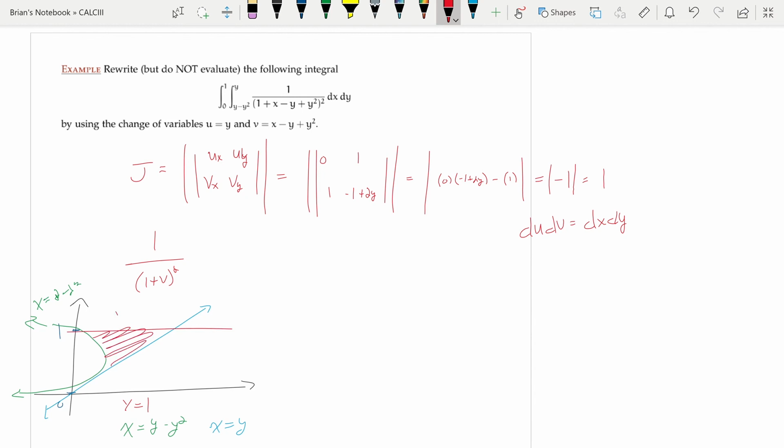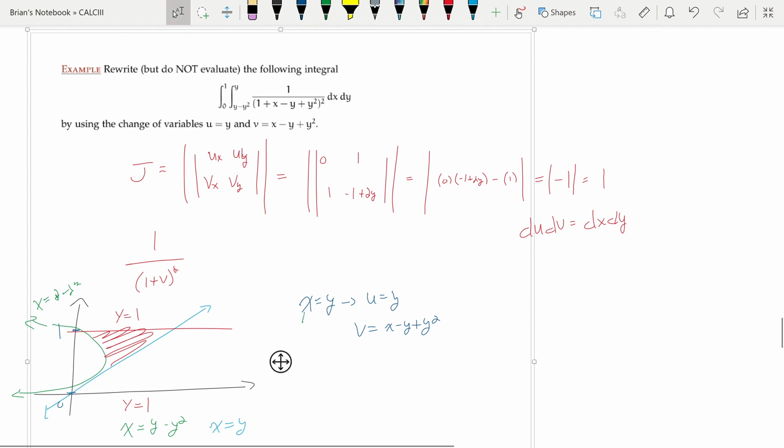All right, cool. So now we have to write our bounds in terms of u and v. So doing that, let's start with x is equal to y. That'll basically say that u is equal to y. And remember that v is equal to x minus y plus y squared. But a little tricky here.